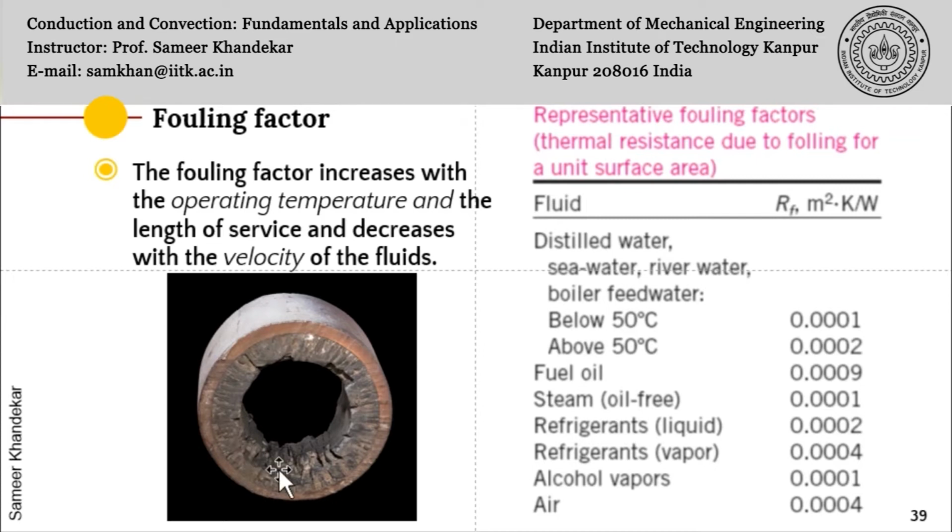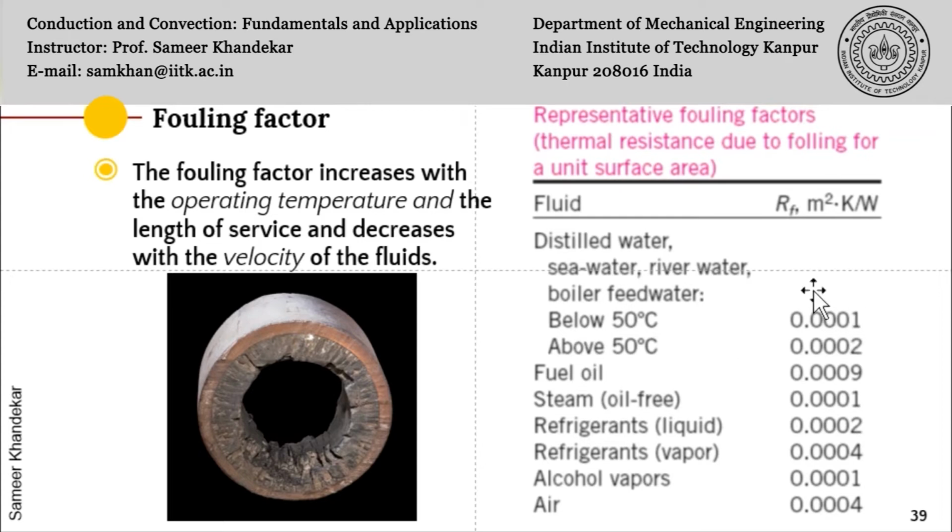Then this algae growth or corrosion or scaling is also a very strong function of the operating temperature of the heat exchanger. Also the length of the service matters, and it decreases with velocity of the fluid. So the fluid velocity, the Reynolds number, also affects the rate of growth of this particular fouling.